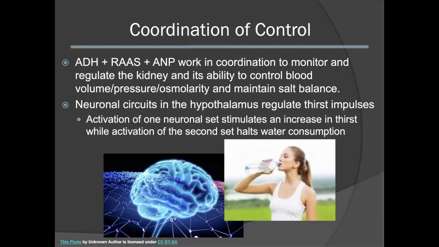Activation of one neuronal set in the hypothalamus will stimulate an increase in thirst, while activation of a second set will halt the water consumption. Thus, an important behavioral as well as hormonal response all works to control the overall function of the mammalian kidney and the osmoregulation and excretion of materials.